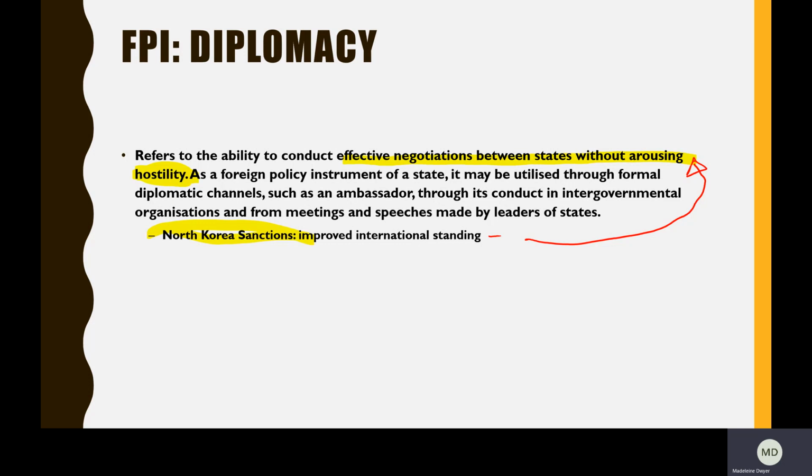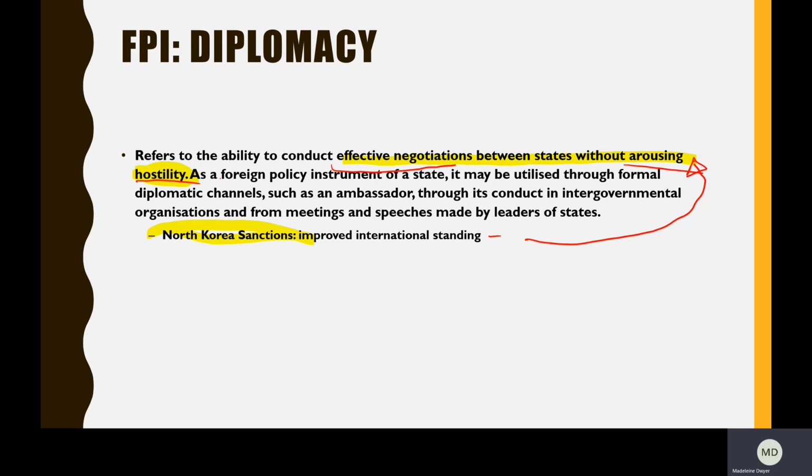So I think that's a good example of diplomacy with effective negotiations. It didn't arouse hostility because they did the right thing by the international community by supporting economic sanctions against North Korea. China didn't veto. They did what was the right thing by the international community, and it was a success.